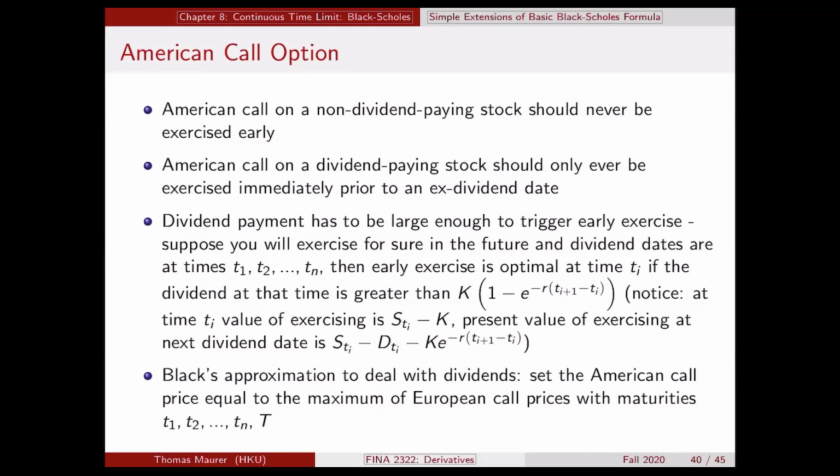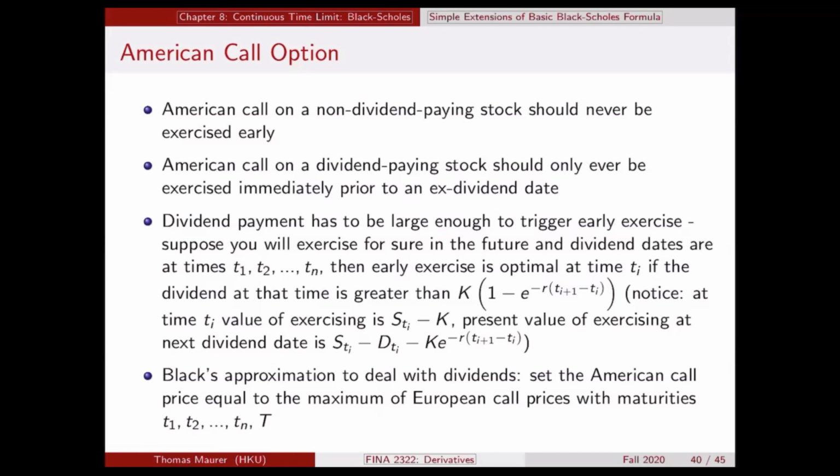Now the present value of that strike price K, which you have to pay at time Ti+1, you discount back to time Ti, so that's K times e to the power of minus the risk-free rate times the time horizon between the dividend payment at time Ti and the dividend payment at time Ti+1.